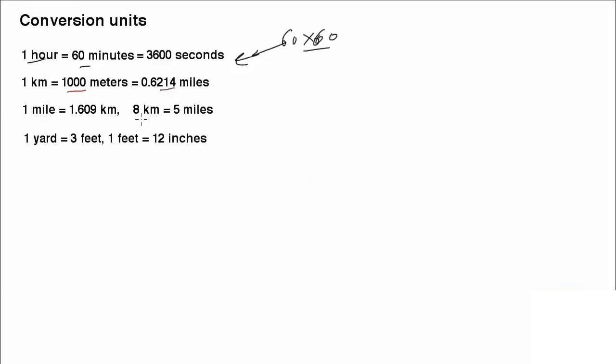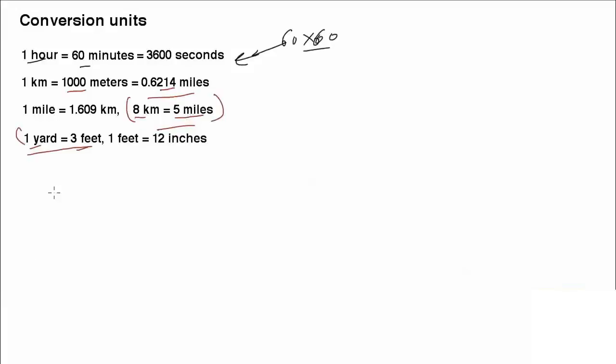So simply 8 kilometers is equal to 5 miles. You should remember this. 8 kilometers is equal to 5 miles and 1 yard is equal to 3 feet. These are the most important conversion units that you should know.